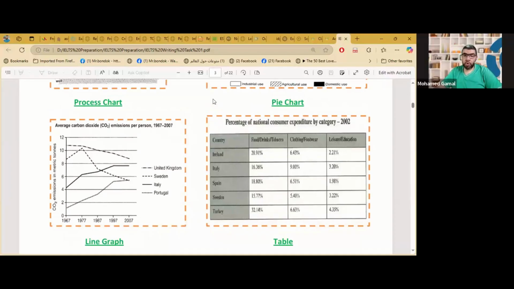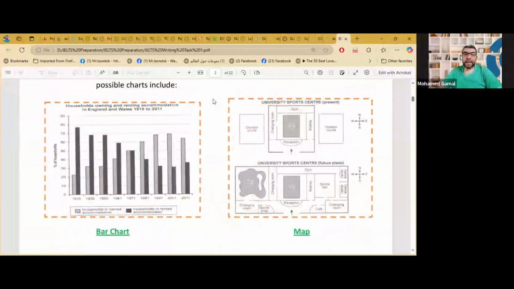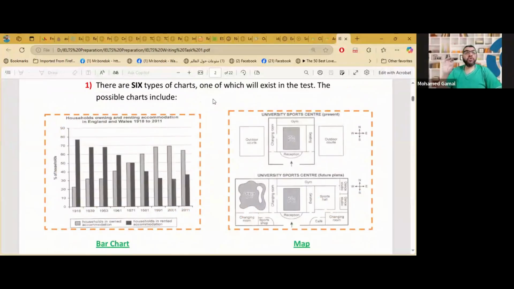So first of all, the first thing you need to know is that, as I said, you need to write 150 words within 20 minutes. So this means that you are not writing everything. You will select the main differences, the key changes, the key differences.